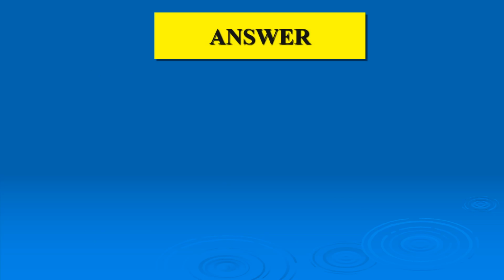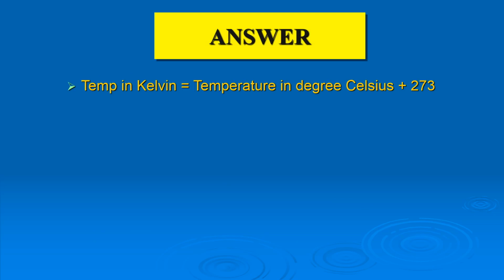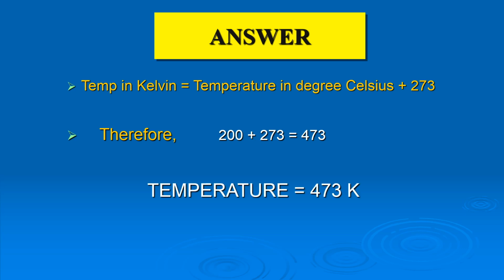Let's recall that temperature in Kelvin is equal to temperature in degrees Celsius plus 273. Therefore, 200 plus 273 gives us a temperature of 473 Kelvin.